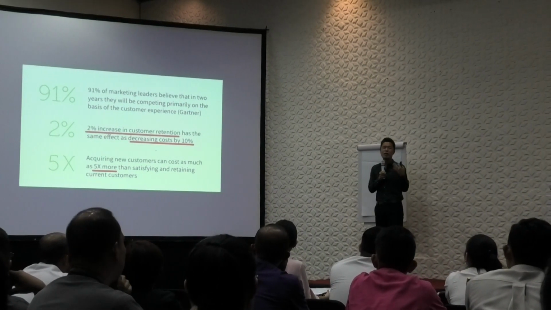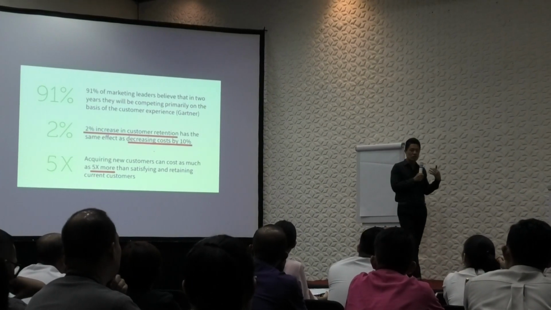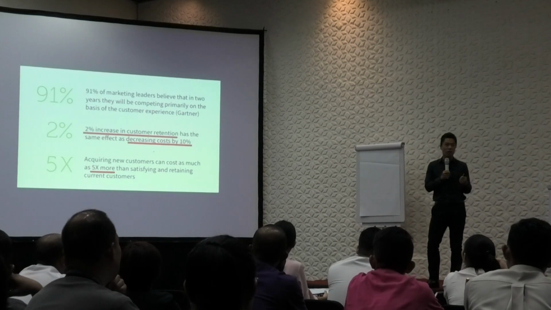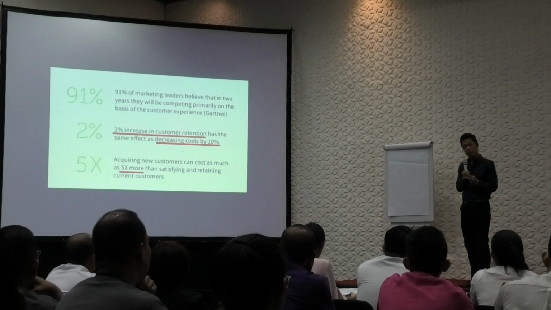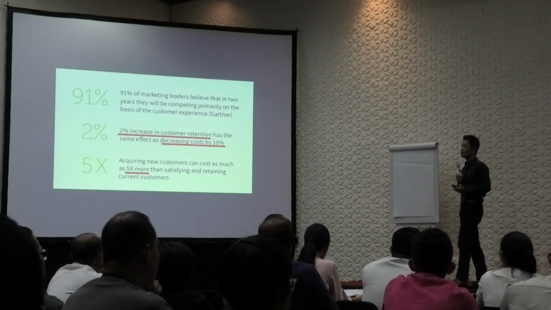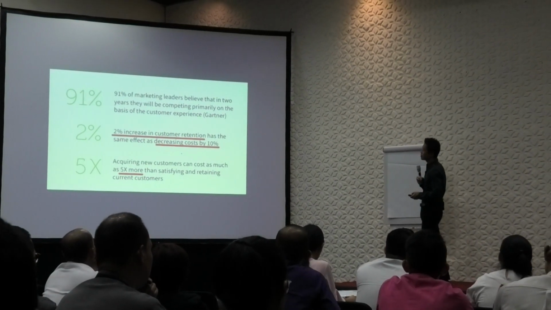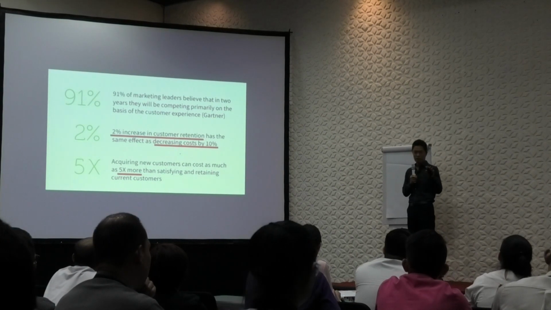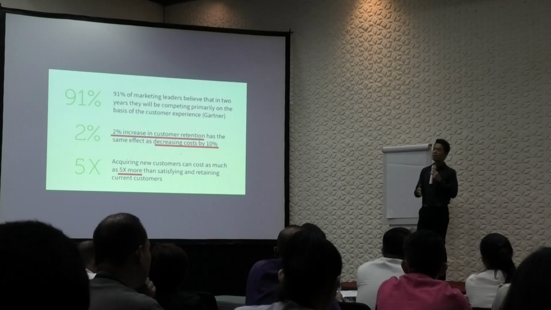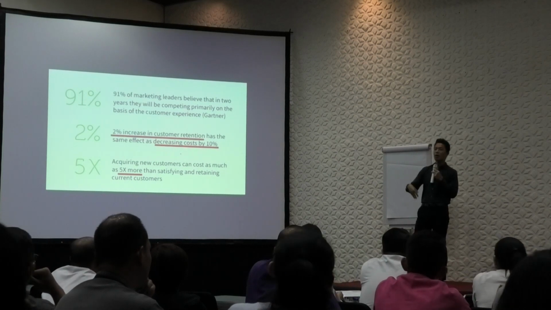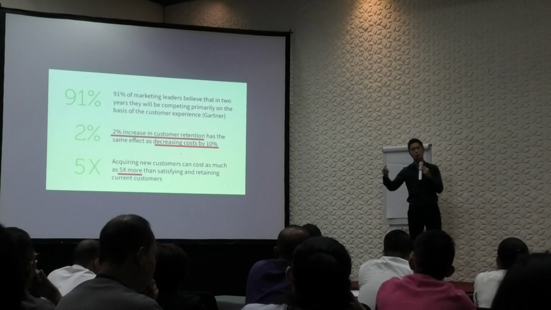So why are we spending so much money and so much energy to get the new customer while we can do the same work with only 20% of it to retain the guest? So we have to make sure our guests are happy. That is the priority. And then after we finish it, we can go for the new market, we can go for the new customers.